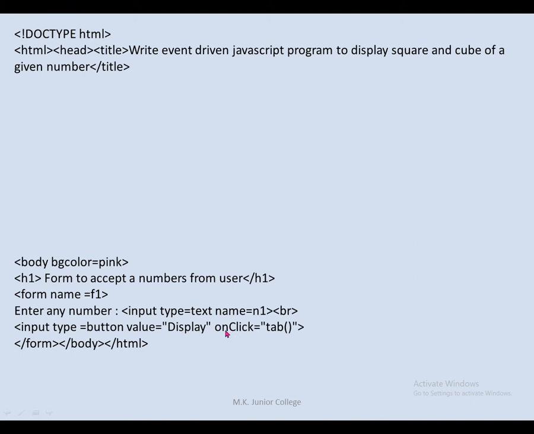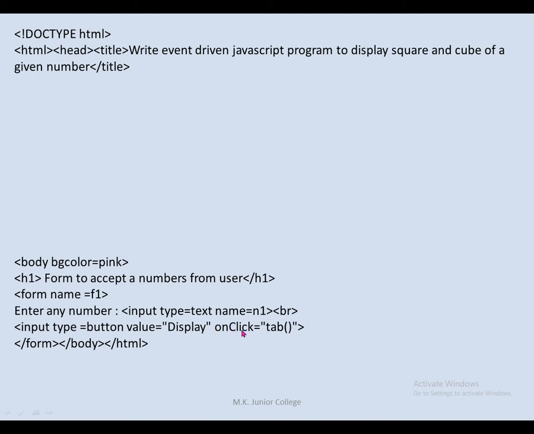Then as you are creating an event driven program, तो अभी आप यहाँ पे you are using onclick event. See, this is the event command to create an onclick event. So onclick is a command. See how I'm writing. Everything is small but C is capital.